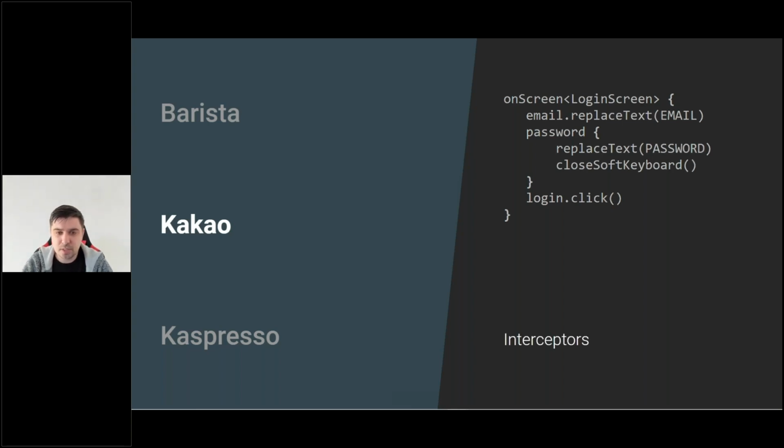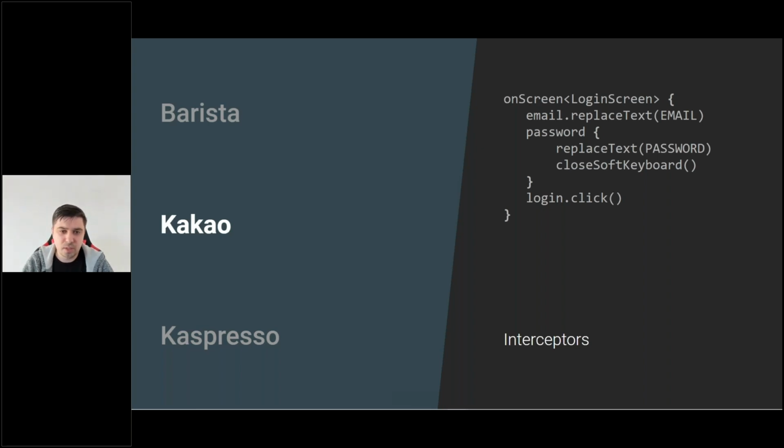Interceptors are something between our Espresso framework and Kakao abstractions. And we can create or reuse interceptors which can rerun pretty small functionality. As an example, when you try to click on a button and you cannot do it, you can wait a pretty short period of time and click it again. So you can create many different interceptors which allow us to fight with flakiness.